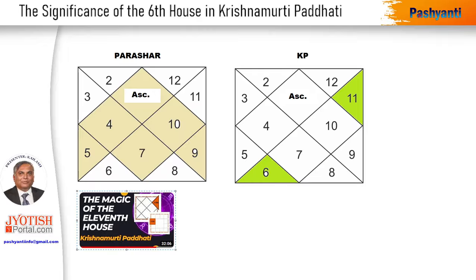So let's first take a general overview of the 6th house and the various keywords and attributes related to it, and then we'll discuss Krishnamurti's interpretation of the 6th house.